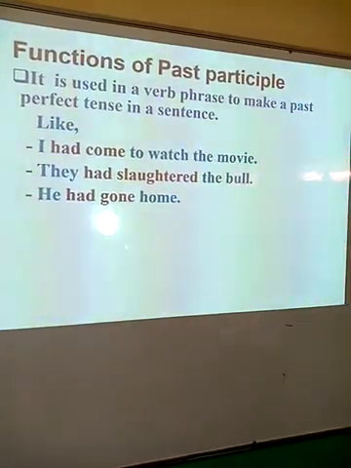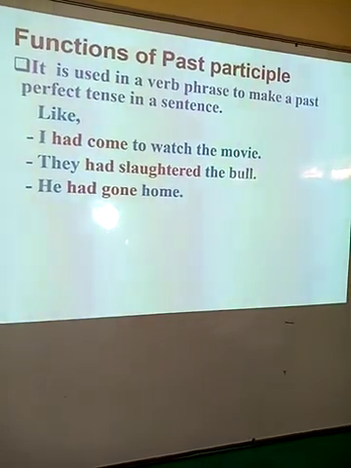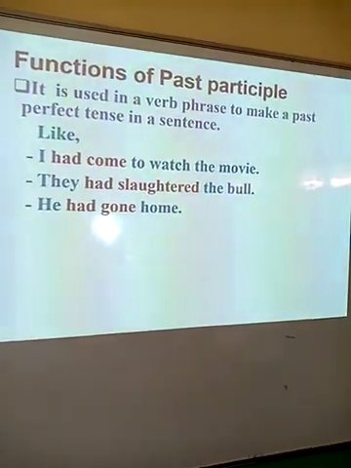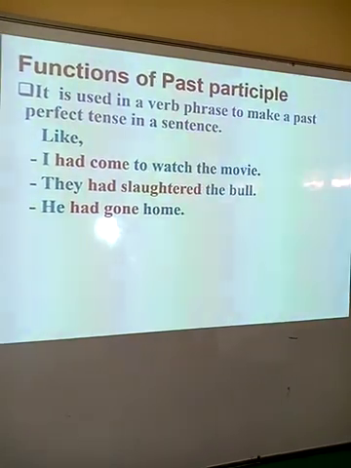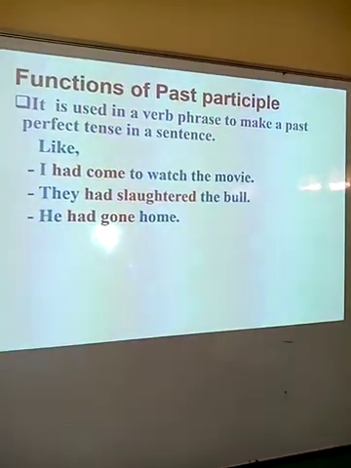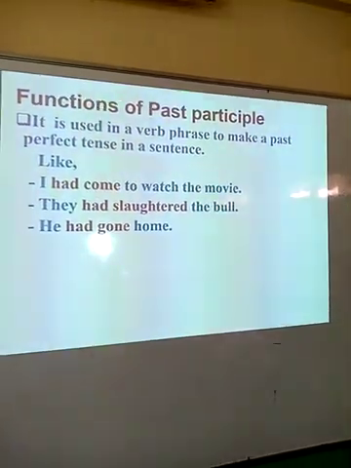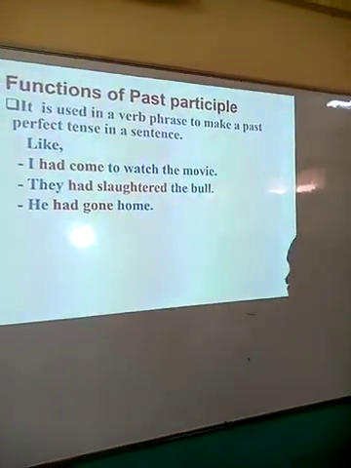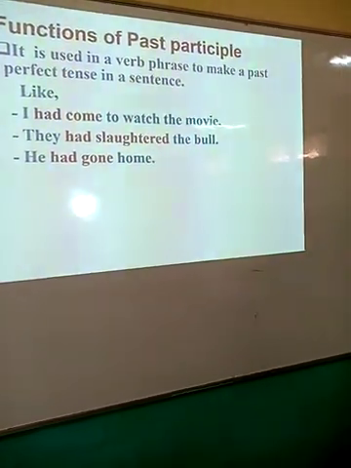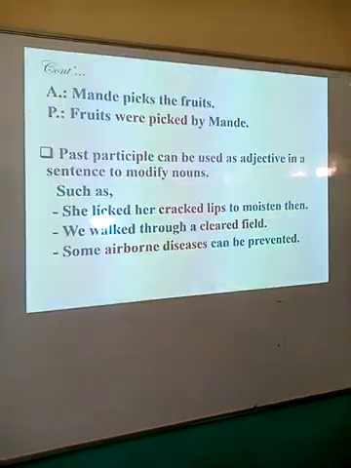For example, I had come to watch the movie. Had come is a past perfect aspect in a sentence. They had slaughtered the bull. Another sentence, he had gone home. All those are sentences in their past perfect tense.